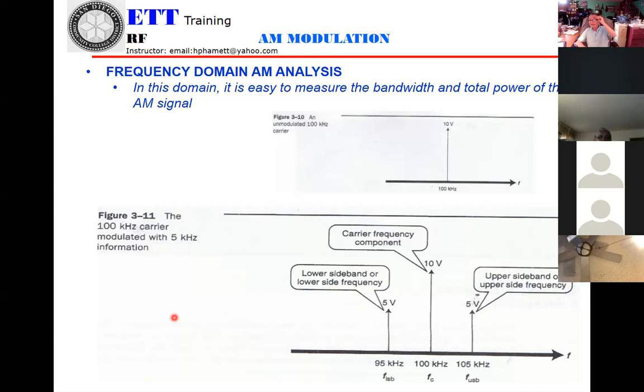So do you guys have any questions on this page? Yes, please. Figure 3.11 says there's a 100 kilohertz carrier and the modulated part contains 5 kilohertz of information.